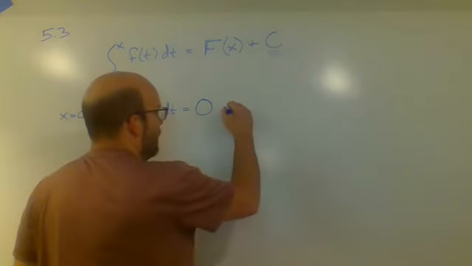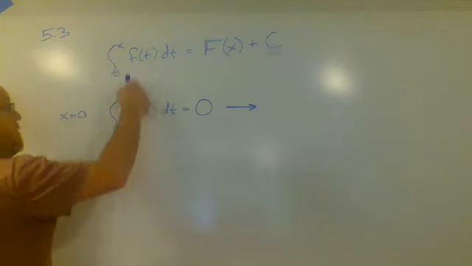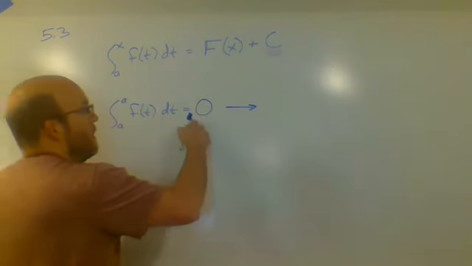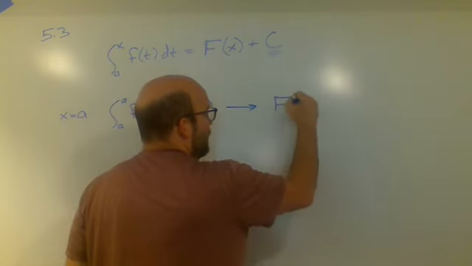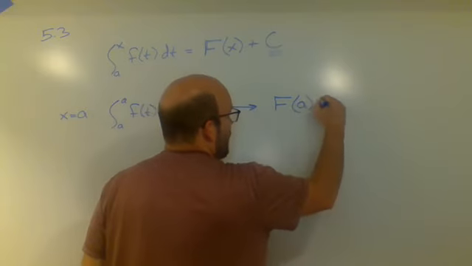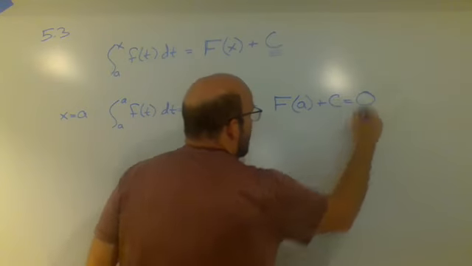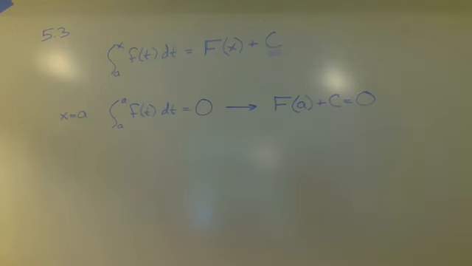So, taking this forward, if I plug x equals A into this and get 0, that means if I plug x equals A onto the right-hand side, I should also get 0.